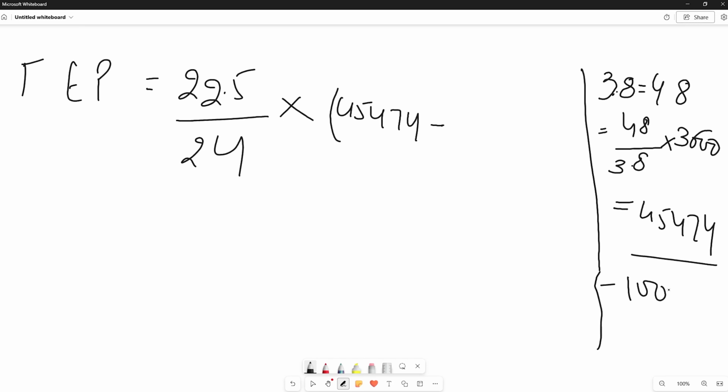So 10,000 divided by 24. That will give us the scrap produced in 1 hour, right? So here, if I go back to the calculator, 10,000 divided by 24.